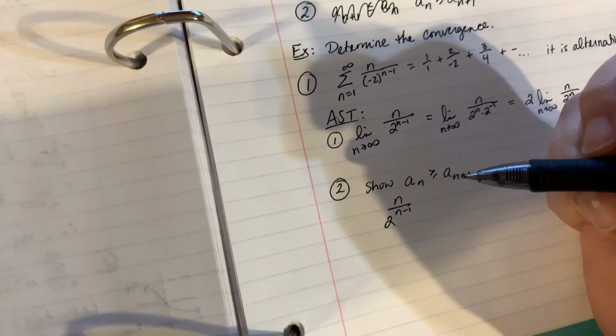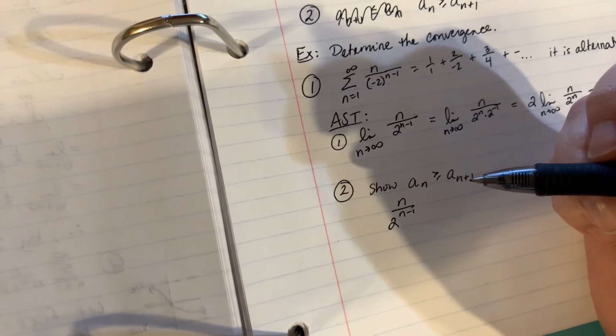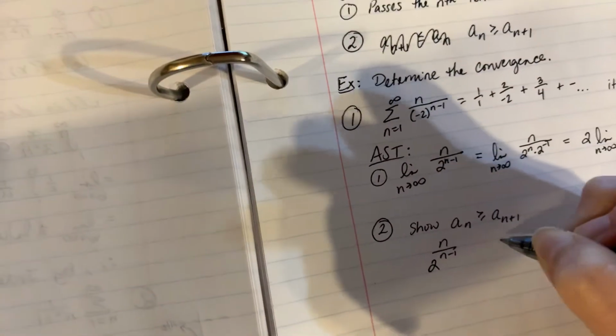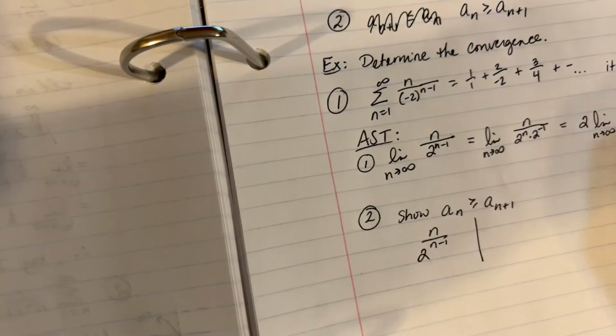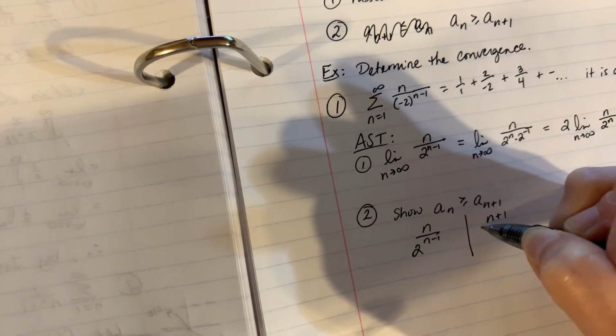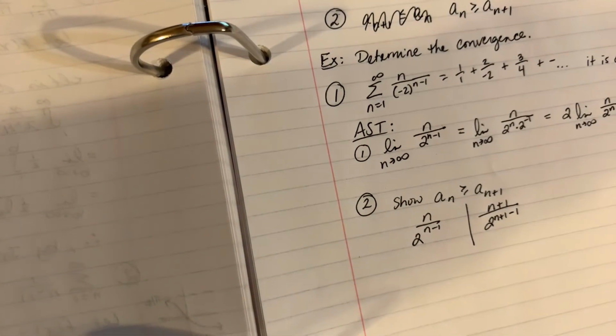And then, let me see, what is a_{n+1}? I'm just going to put a line here. a_{n+1} is (n+1) over 2 to the (n+1) minus 1.